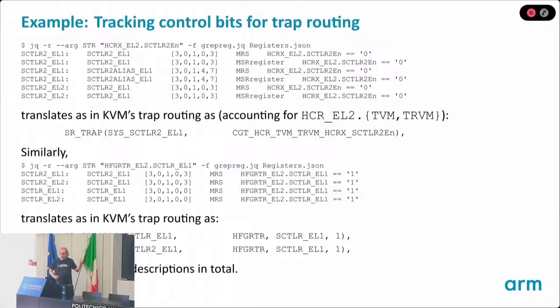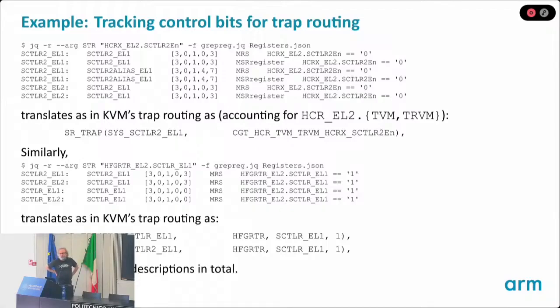Similarly, for the fine-grained trap I was talking about earlier, we can work out, okay, what does the bit SCTLR_EL1 in HFGRTR_EL2 trap? Well, it traps not just SCTLR_EL1, but also SCTLR2_EL1 and EL2 with nested virt. So we convert that to these two lines.